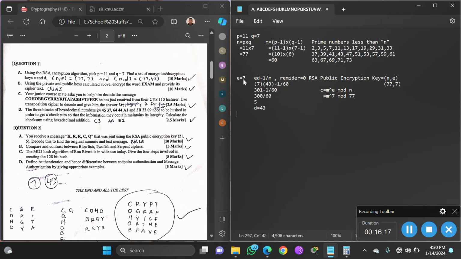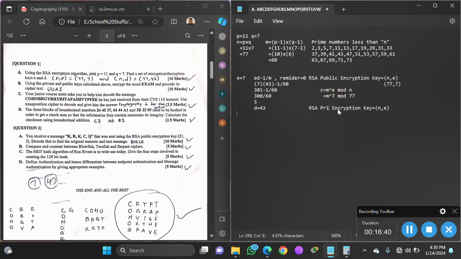So that's the information for the RSA public encryption key.